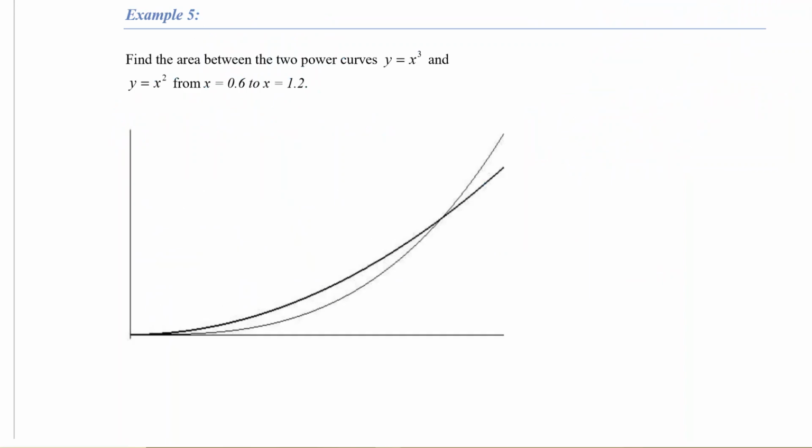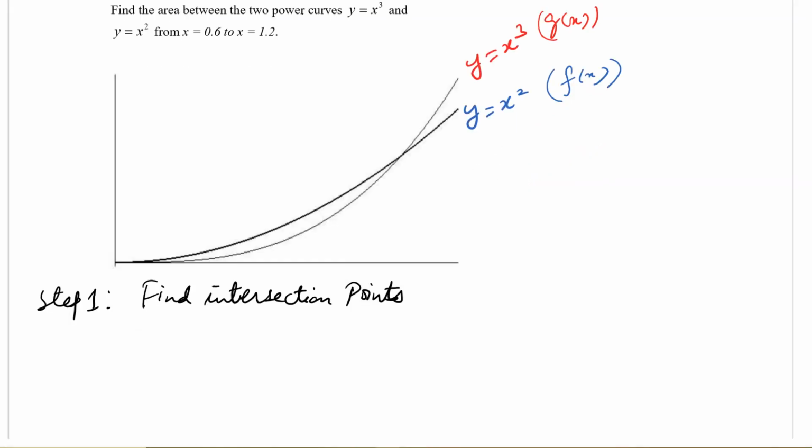Find the area between the two power curves y equals x cube and y equals x square. So here we have y equals x square and our other curve is y equals x cube. The first step is to find the points of intersection. For that we set the two functions equal, so the heights of the functions are equal.